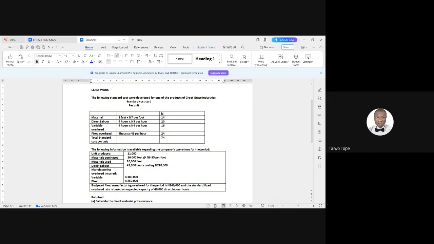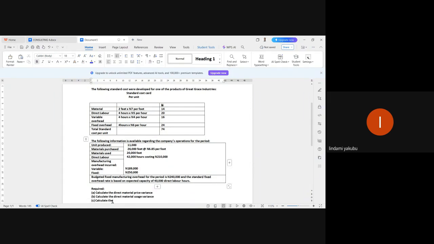Okay, let me read, sir. All right, ma'am. The classwork, right? Yes, ma'am. The following standard costs were developed for one of the products of Great Grace Industries. Standard cost card per unit. We have the material, 2 feet at 7 naira per foot, which is 14 naira.